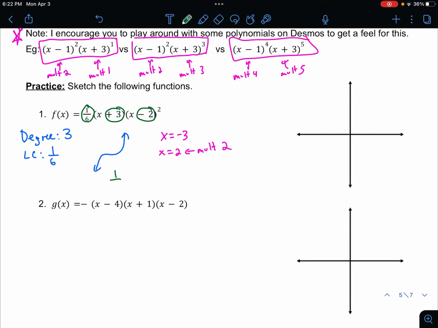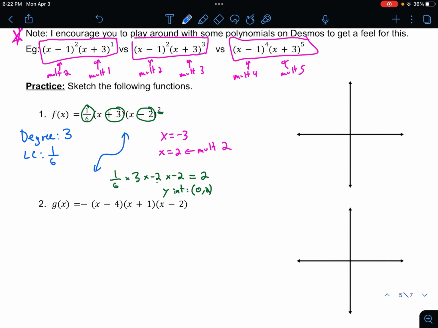And so essentially I'll end up with 1/6 times 3 times -2 times -2, because -2 squared. And if you don't believe me, expand that whole polynomial and you'll find that that's all that creates the constant. We'll end up with -2 times -2 is 4, times 3 is 12, times the 1/6 is 2. So our y-intercept is at 0, 2.